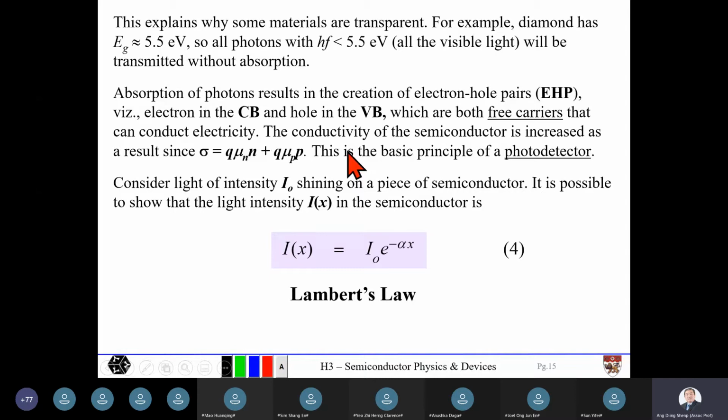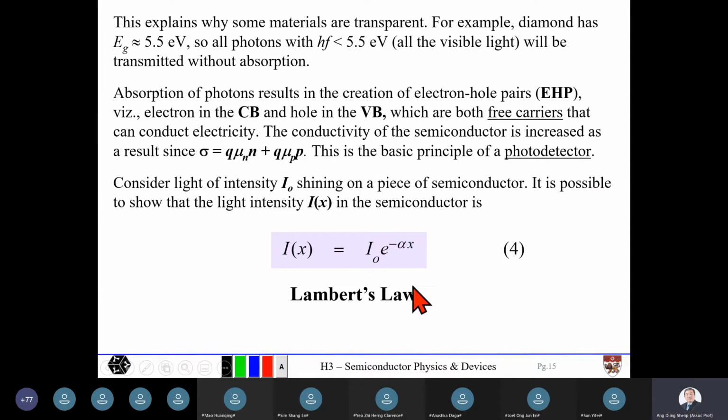You have studied this: drift current is one of the two basic carrier transport mechanisms in a semiconductor. In fact, light absorption is the basis of the photodetector. We'll come to that later on.